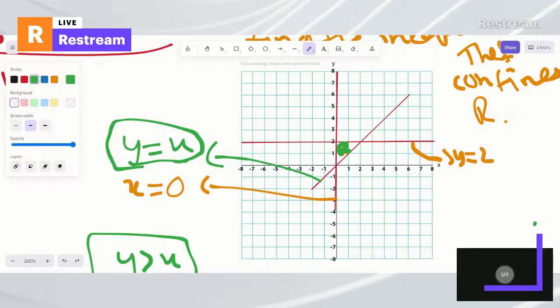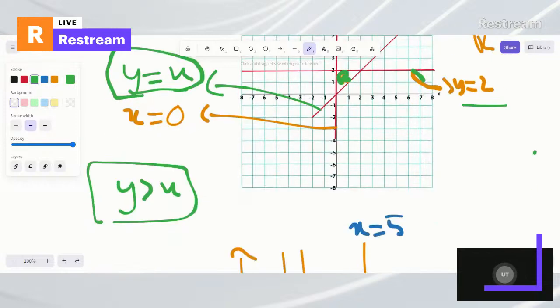But as of now, this region is above this line, so I'm going to go with y is greater than x. Similarly for the line y equals 2, just tell me if this region R is below or above it. It is below, right? So we're going to write y is less than 2.